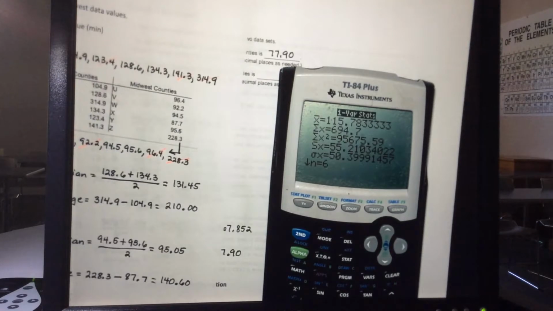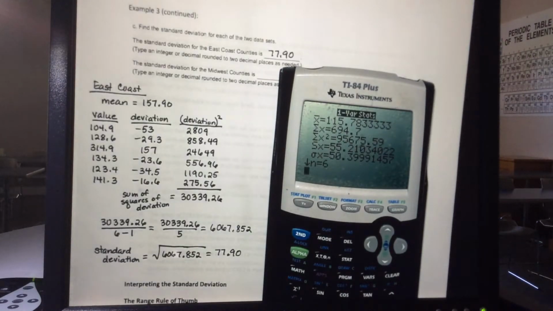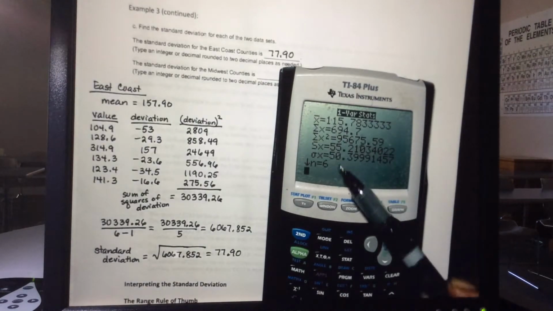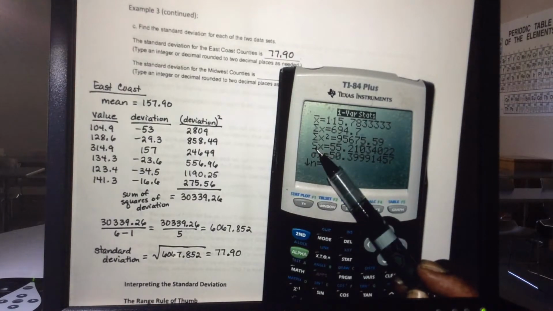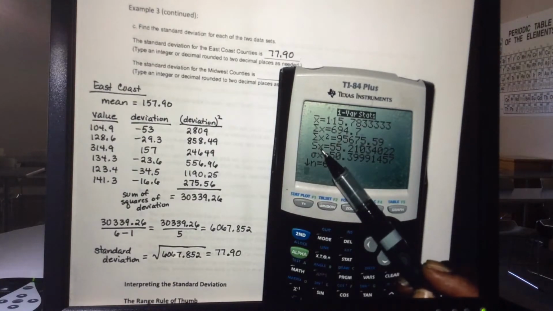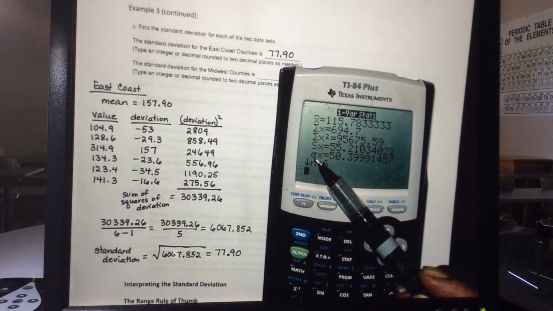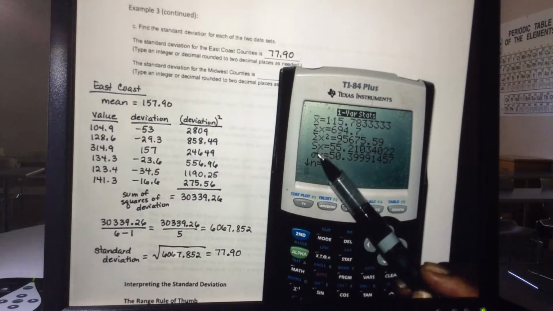Now, for the standard deviation, the one you want to select is the one that says S, as in Sam, with x, not this one. It's this one you want to select because that's the one that this calculator is using based on the formula that I gave you earlier.